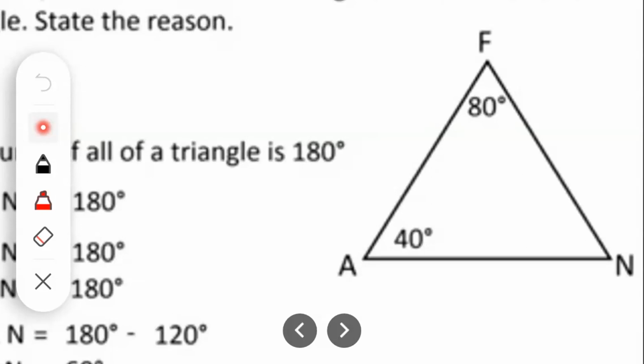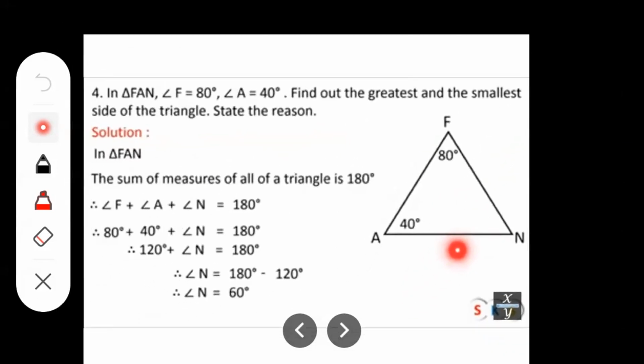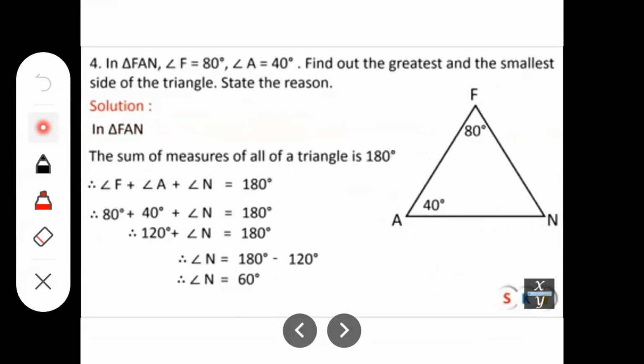So if two of the values are given, let's add those values and subtract from 180 degrees. You will get the measurement of angle N. By that property, you can find the value of angle N.